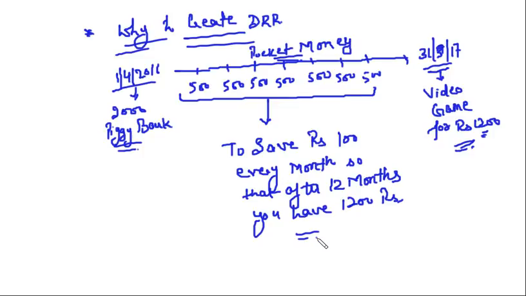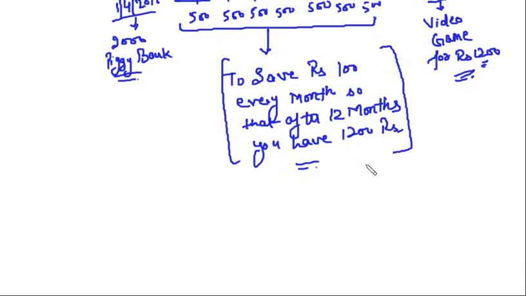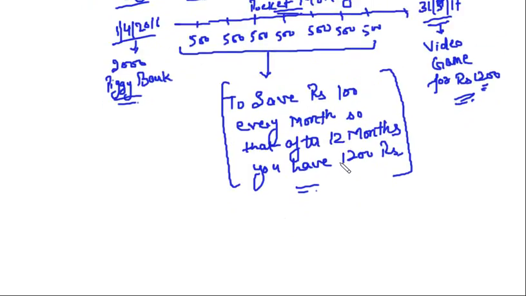Now you might ask, sir, what is the role of this piggy bank? I'll tell you. Now suppose you are not able to accumulate this 1200 rupees in these 12 months. Now what will you have to do then?